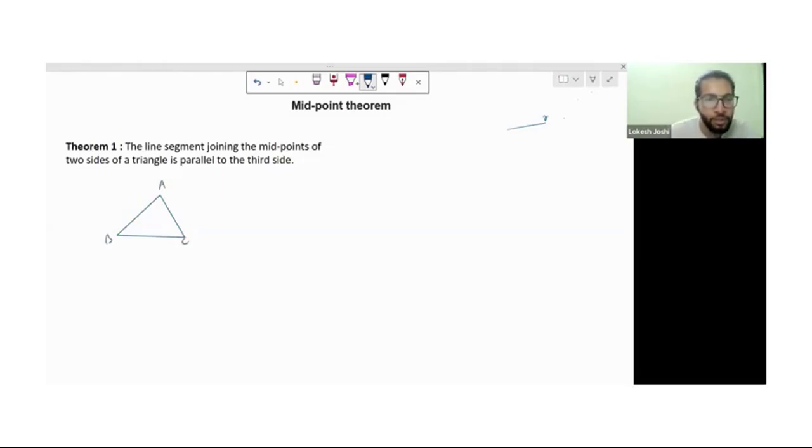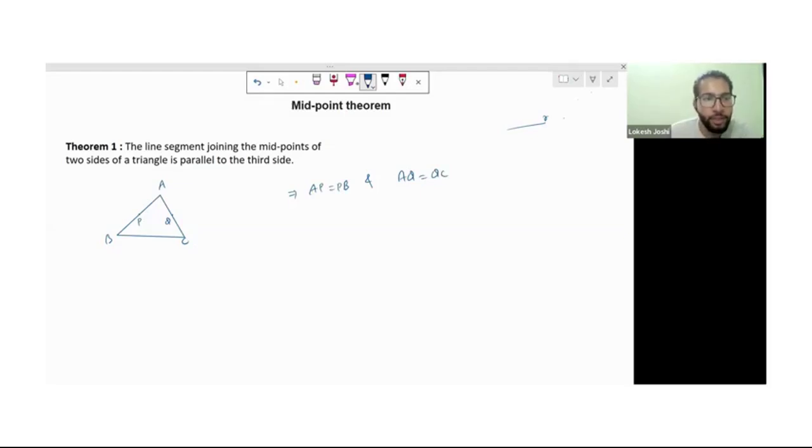Then according to this theorem, suppose for AB we have midpoint P and for AC we have Q. Here midpoint means this point divides the line segment into two equal parts, which means AP is equal to PB and AQ is equal to QC.